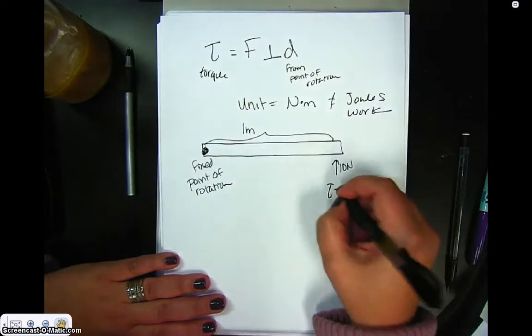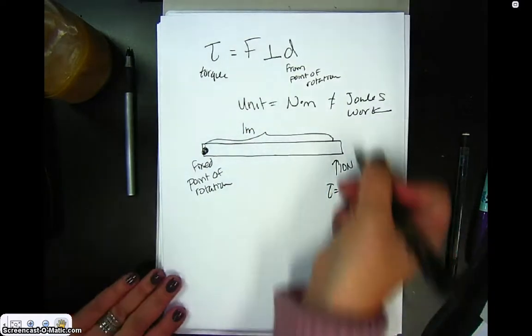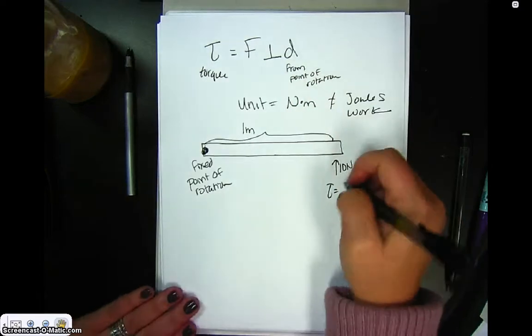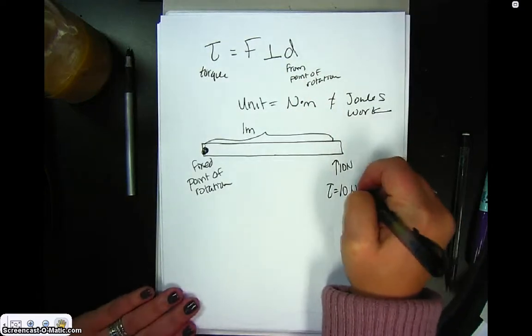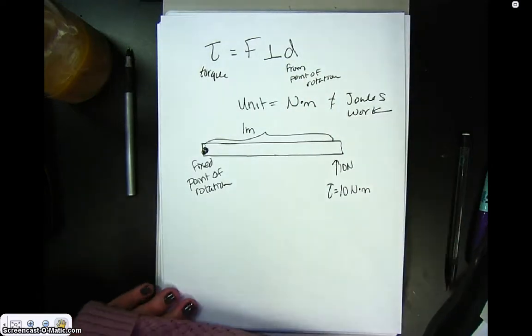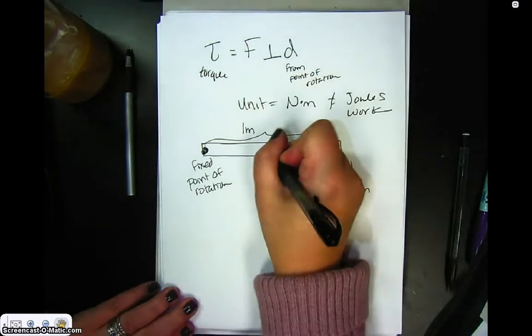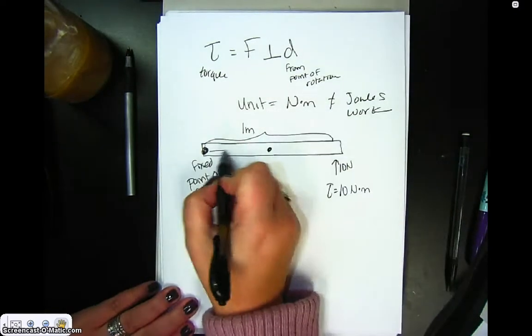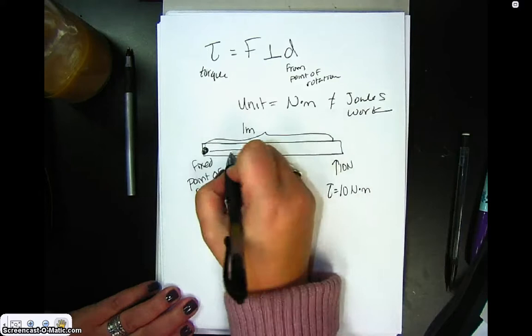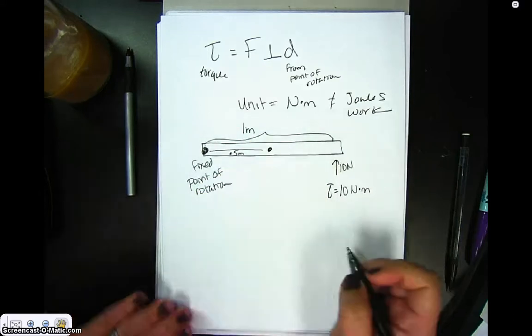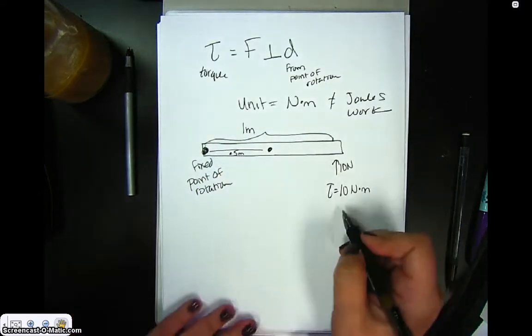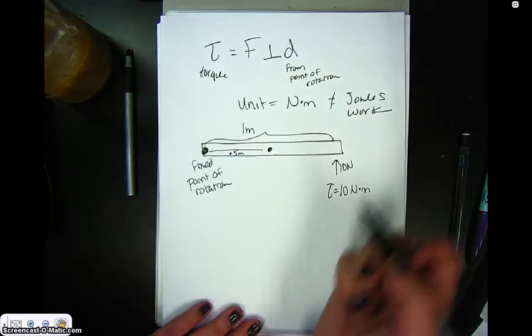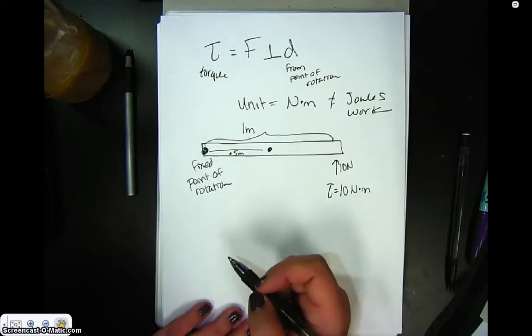of torque that the door would be experiencing here at 1 meter would be 10 newtons times meters. Now, let's say from the center of the door, it would only be half a meter. And let's say I wanted to exert the same amount of torque to rotate the door about the axis.